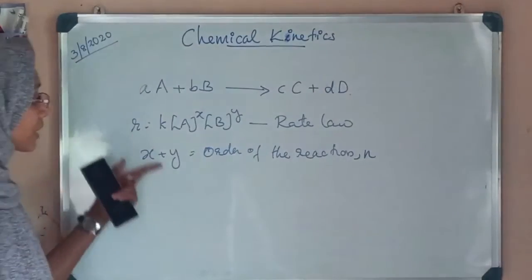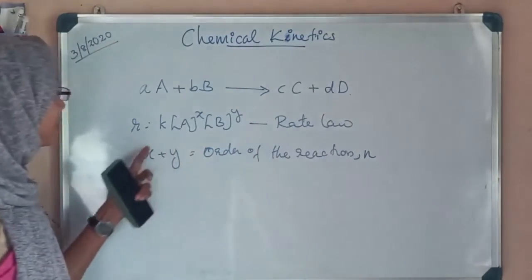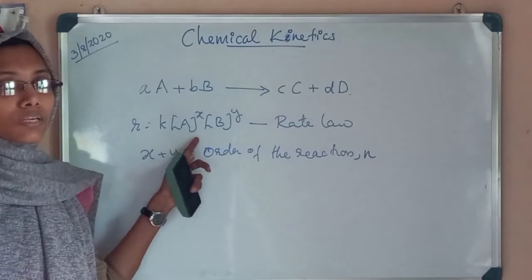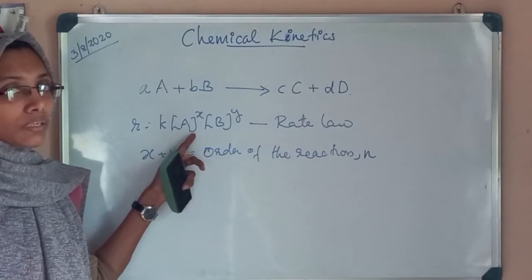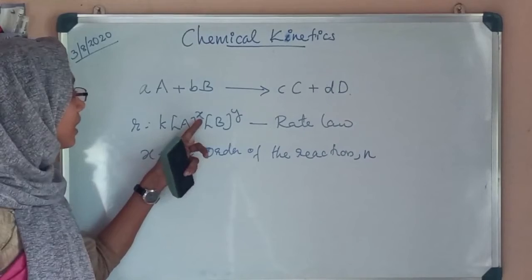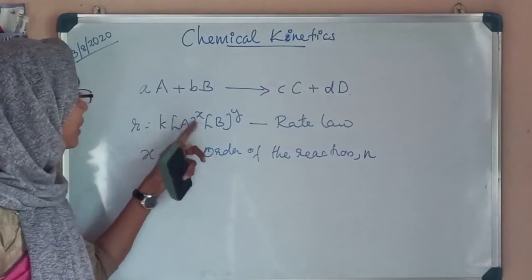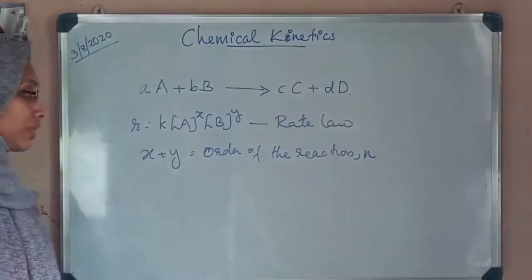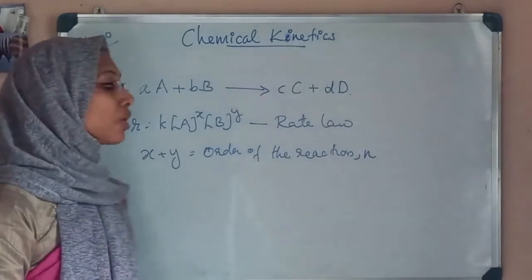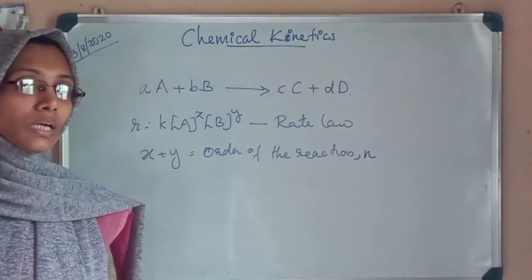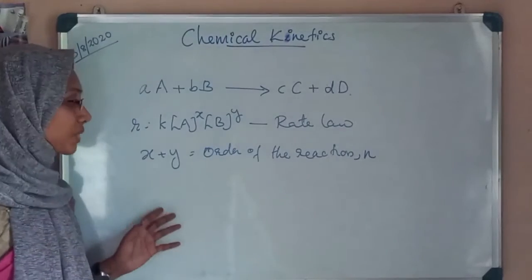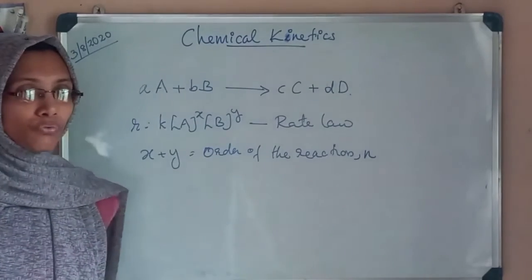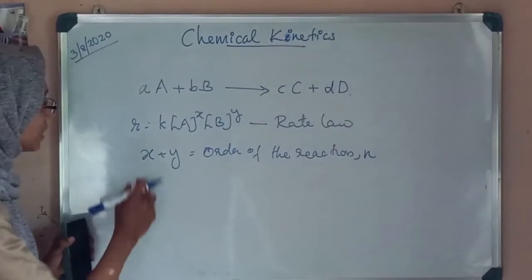Order of a reaction is the sum of the powers of the concentration of the reactants that appear in the rate expression. That is, the sum of the powers of the concentration terms that appear in the rate expression is known as the order of a reaction.